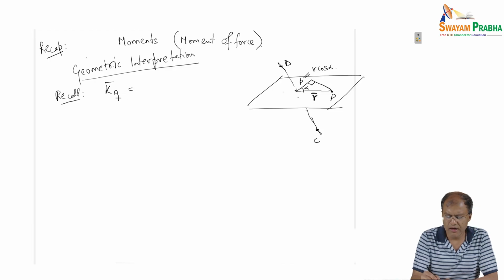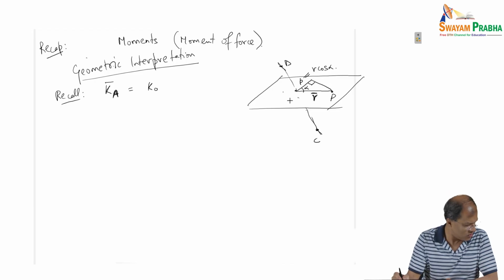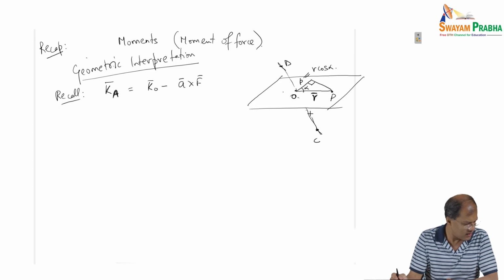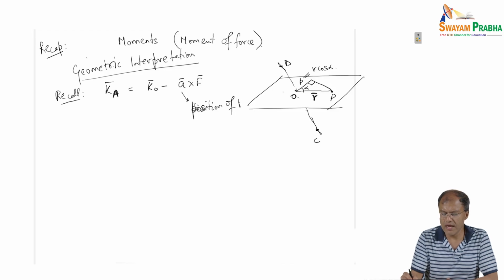Let's say that reference particle is capital A, and with respect to O being the origin of the system or the lab frame, we have Ka, the moment about the reference particle A, as Ko minus A cross F, where A is the position of the particle A from the axis CD.